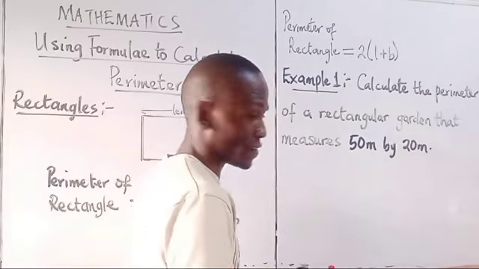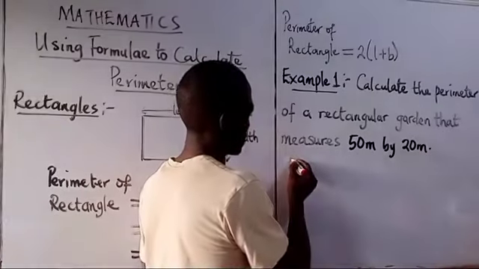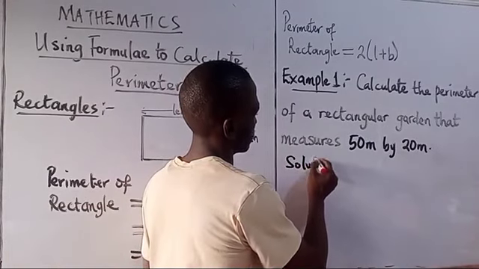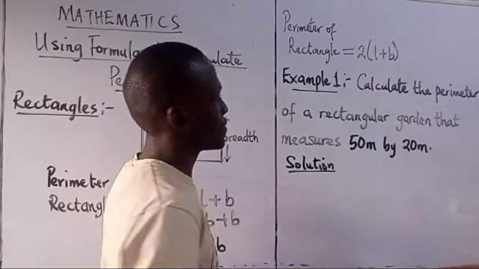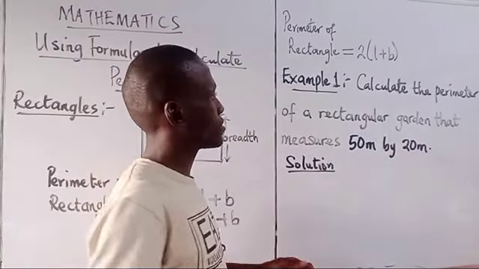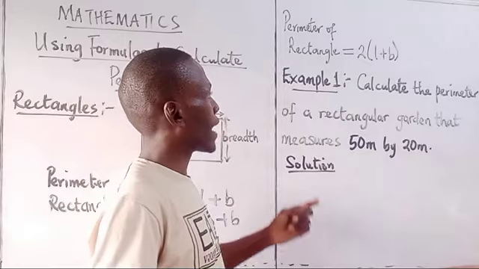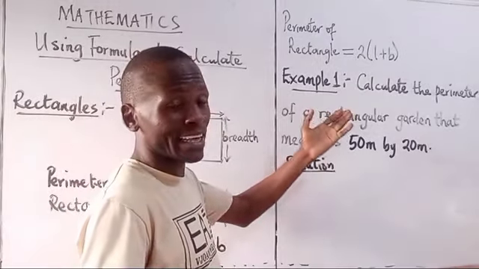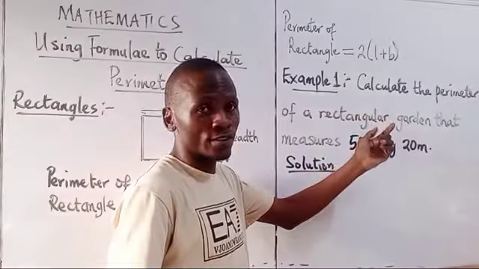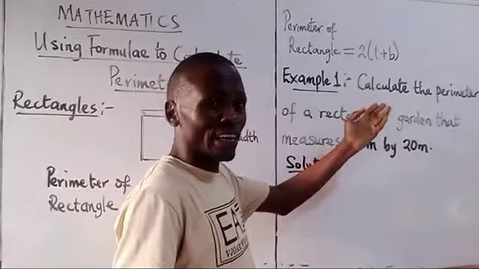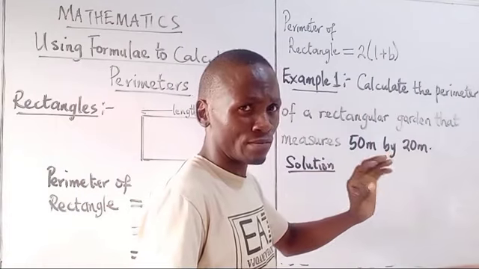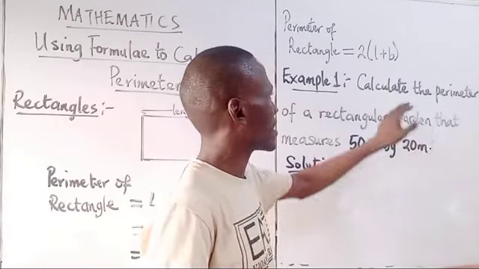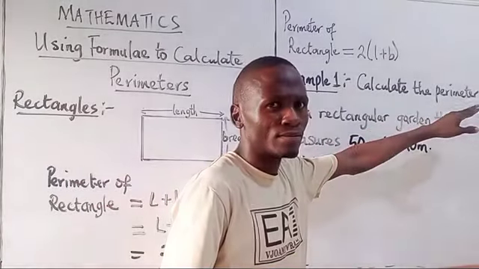Okay, let's see how we solve this. First is for us to identify, of course, like I normally say to my students, I try to understand what the question is saying. I read slowly and try to understand. Calculate the perimeter.